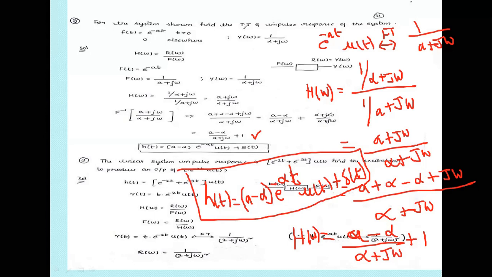Okay, my dear students. Next, another example. The linear system impulse response is e power minus 2t plus e power minus 3t into mu of t. Find the excitation to produce an output t into e power minus 2t mu of t, that is, find the input function.